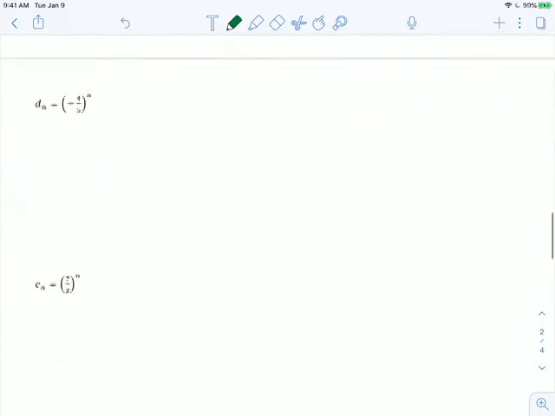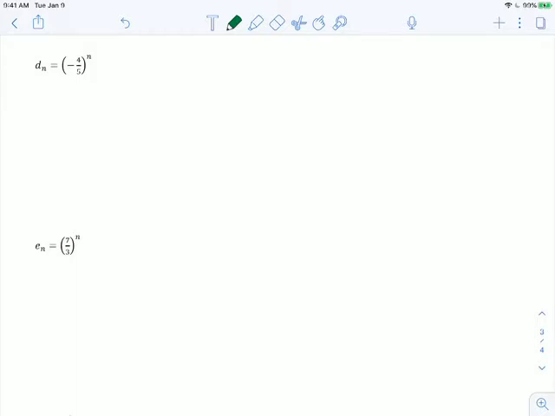Our next two examples involve geometric sequences, and again, this is something I've referenced on the notes I've posted on Canvas. So once we note the ratio of a geometric sequence, then we just need to see where that lives on the number line, and that tells us what our answer is.